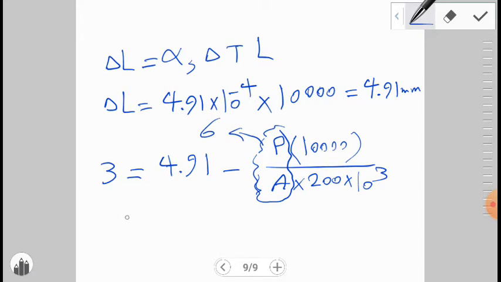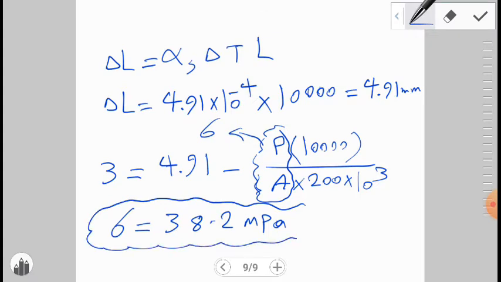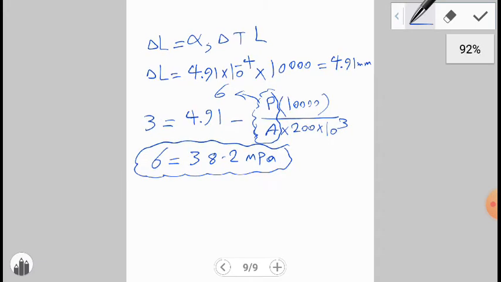After the simplification we can find sigma is equal to 38.2 MPa. We found normal stress in part B, when we have different tracks, 10 meters each, with 3 millimeter gaps.